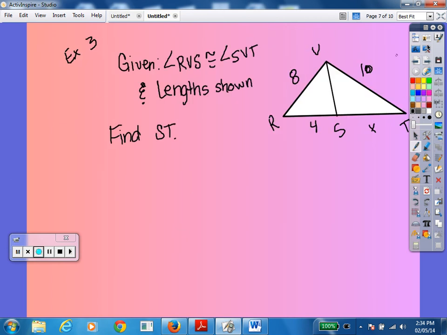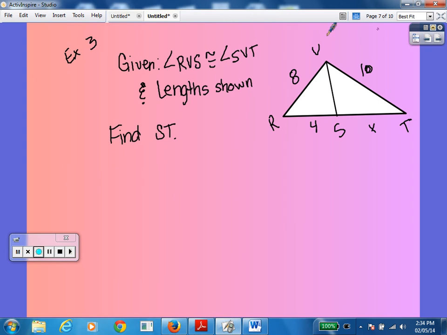All right, now here's the last one using the angle bisector theorem. Okay, we're given this information that angle RBS is congruent to angle SVT. So that means that this is the angle bisector. So remember what we did.